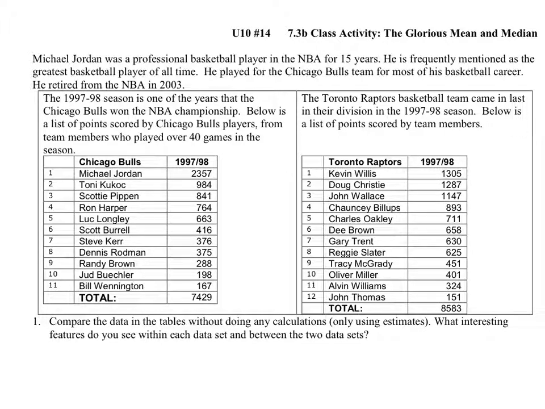So we need to notice a couple things about these two charts. Okay, in basketball, the more points you score, then you win. It's not like golf where you want a lower score. Just want to clarify that because some of you guys don't know what the heck basketball is. In any case, we can notice on this chart right here that old ball hog right here had a lot more points than even their second highest scorer, Tony Kukoc, right here.